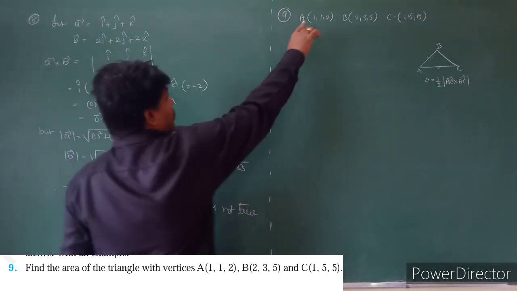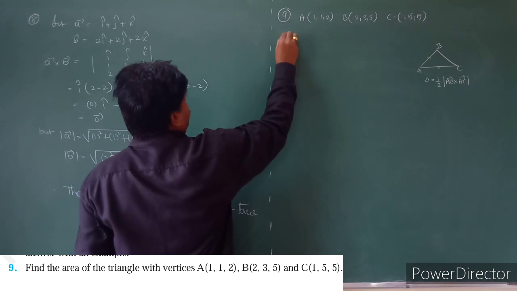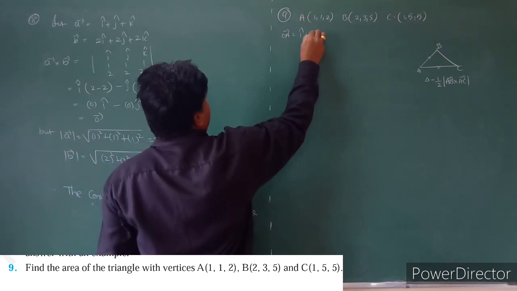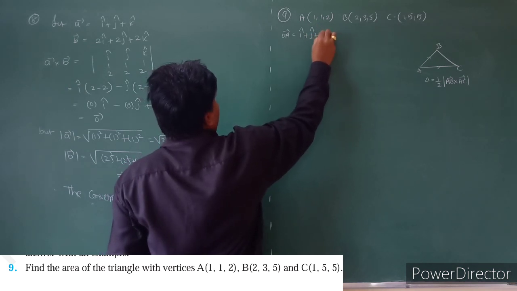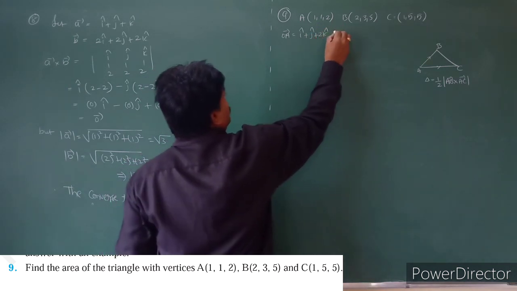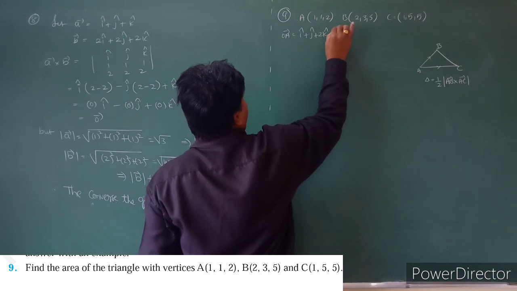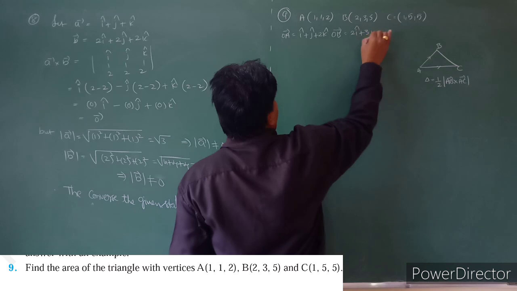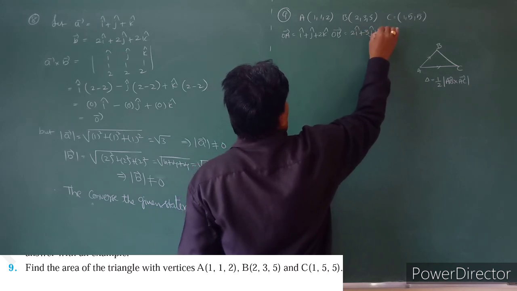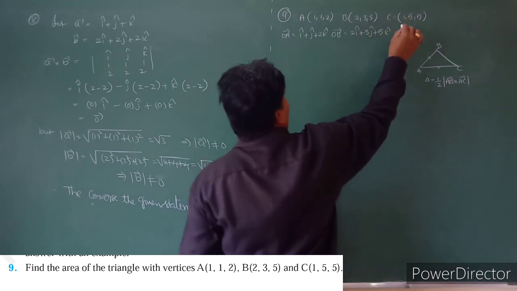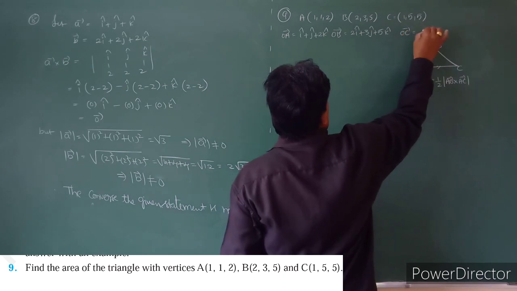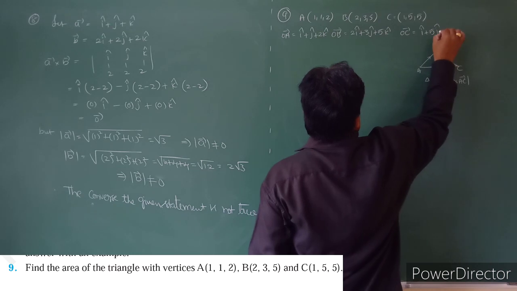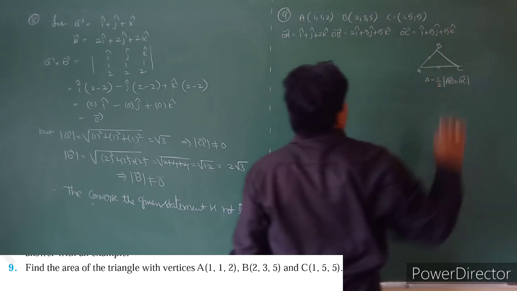First I will calculate the position vectors. OA bar is equal to I plus J plus 2K, OB bar is equal to 2I plus 3J plus 5K, and OC bar is equal to I plus 5J plus 5K.